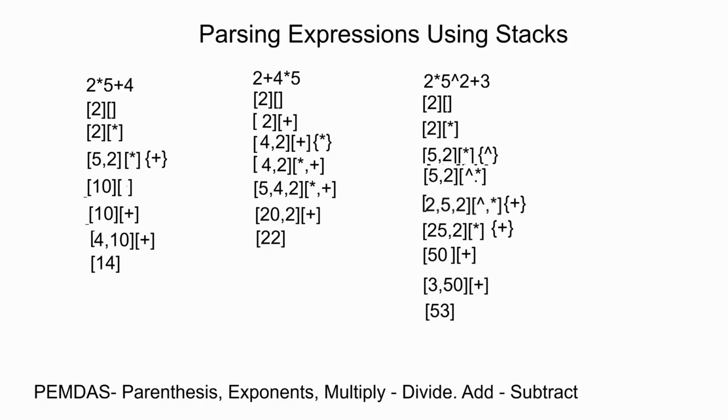So the multiplication is a higher priority, so it's going to multiply the 2 by the 25 and push 50 on the num stack. Now we have 50 on the num stack and the plus on the op stack, and then we're going to add the 3. So we're going to have a 3, the 50 and a plus, and when those two get added together, you get a 53. So it's worth noting that the top of the stack always has the highest priority.